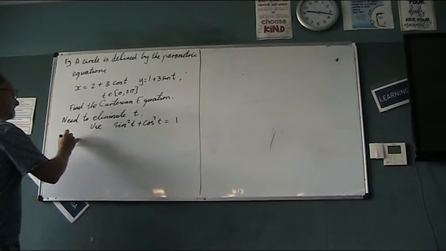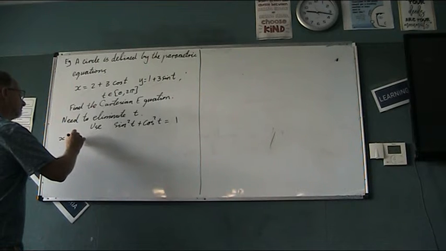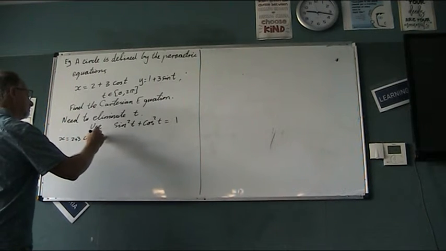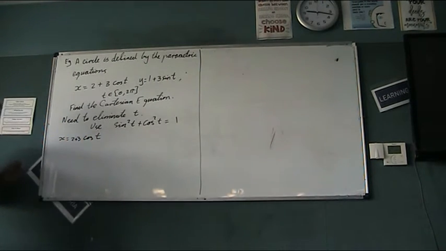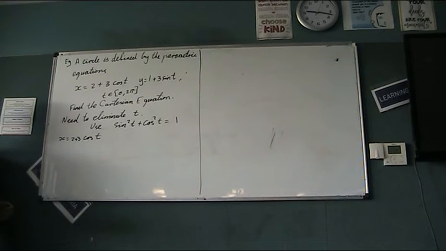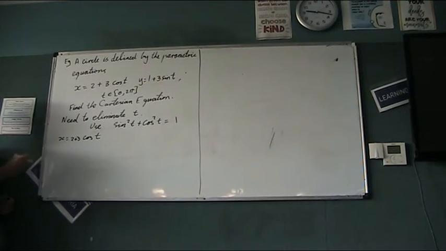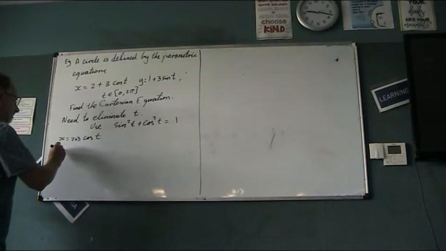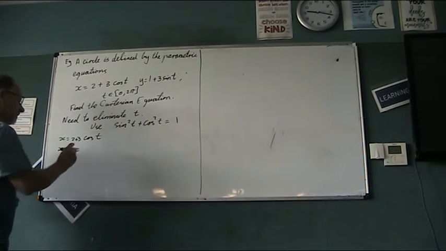So for this x, before we can get the cos squared, we need to rearrange to get the cos t by itself. So to do that, we need to move this 2, and hopefully we could subtract.